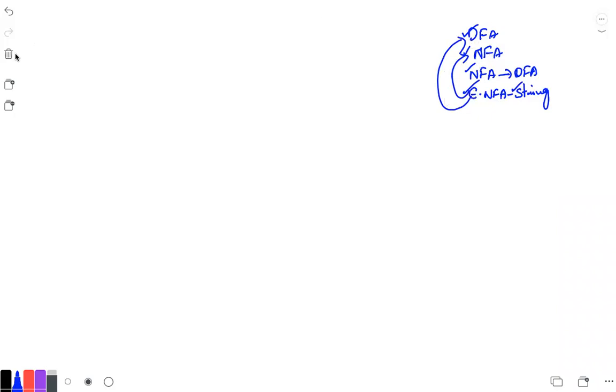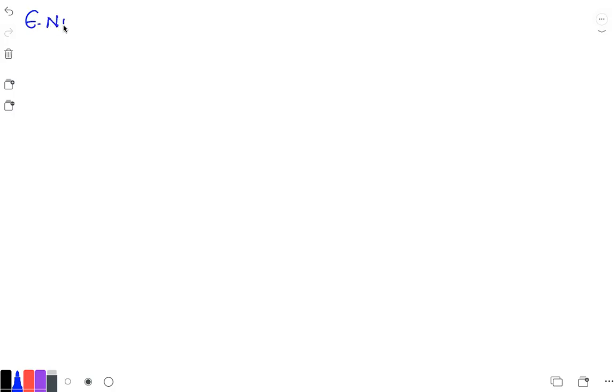In today's session, we'll be seeing the Epsilon-NFA conversions. It's a bit easy compared to NFA to DFA conversion. Very easy, so just listen. First, I will take the Epsilon-NFA to DFA conversion. It's pretty simple. Given an Epsilon-NFA, you are asked to convert it into the corresponding DFA, Deterministic Finite Automata.